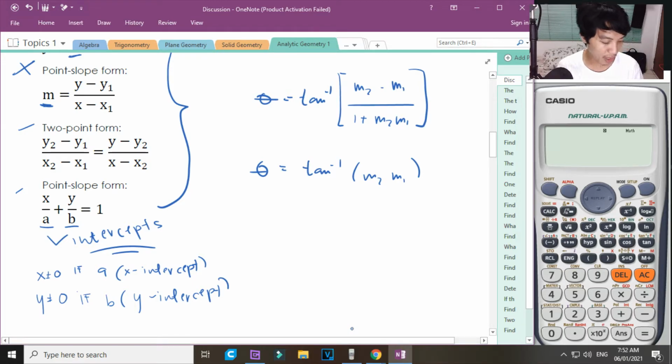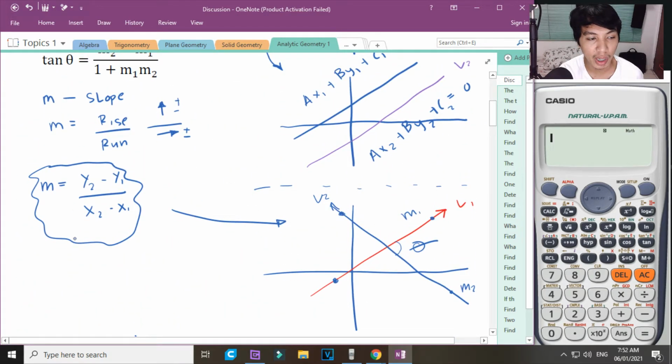Yan, pero enough na yan. Pero pag hahanapin mo pa rin ito, meron pa isang formula. Ito theta. Pag ibinigay sa iyo yung angle, so, tangent, arctan, negative 1, M. Ayan. Ito yung pag-solve sa kanya.